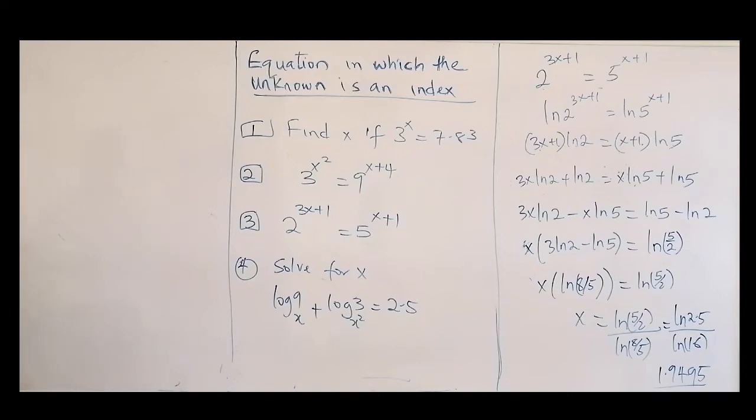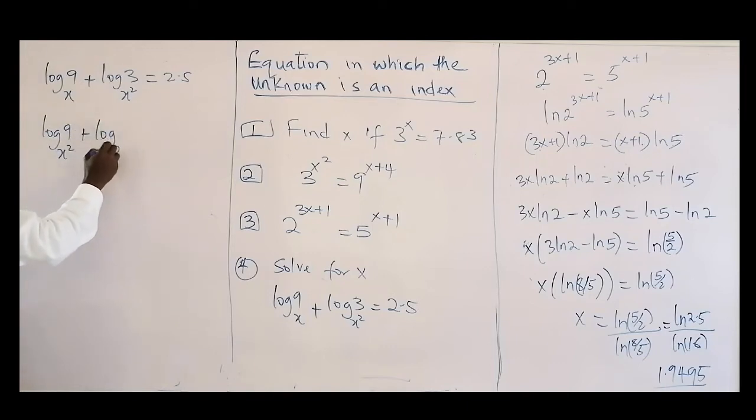Question 4. Solve for x: log 9 base x plus log 3x squared equal to 2.5. Okay, so what we can do here, this will be log 9 base x squared plus log x squared as the base.